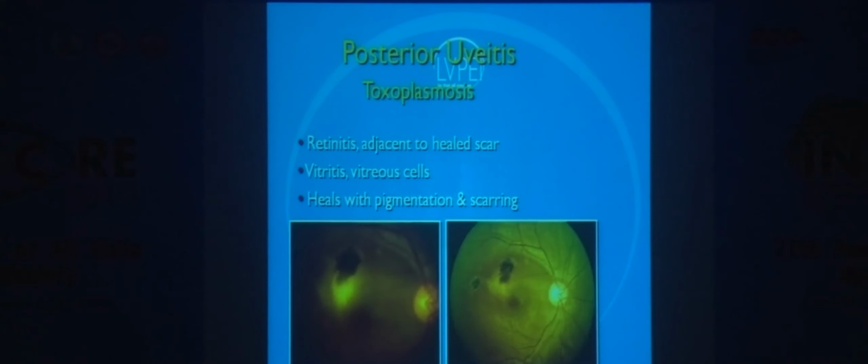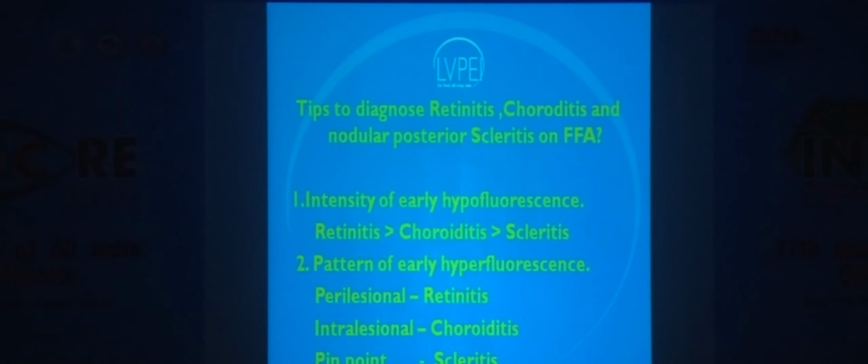Now, if you look at toxoplasma, usually these are lesions which are adjacent to a healed scar. They heal with pigmentation and scarring, and you will usually see vitritis in these cases. Now, how do you differentiate three common lesions, a retinitis lesion, a choroiditis lesion, and a posterior scleritis on the basis of an FFA? A very easy way to remember is to look at the intensity of hypofluorescence on your FFA and look at the pattern of early hyperfluorescence.